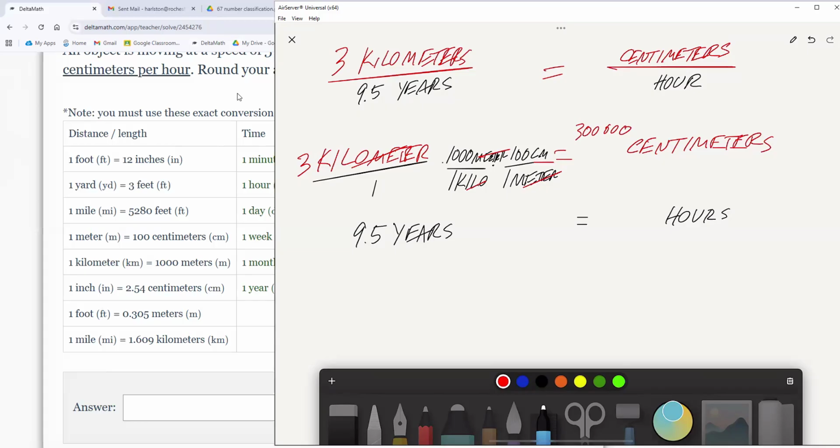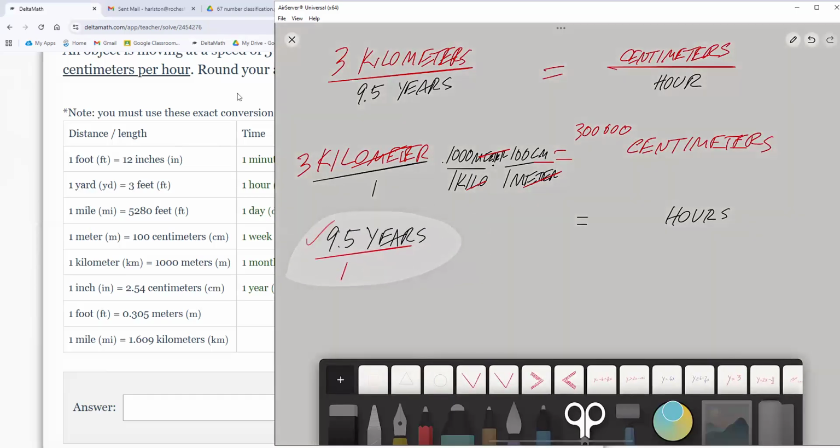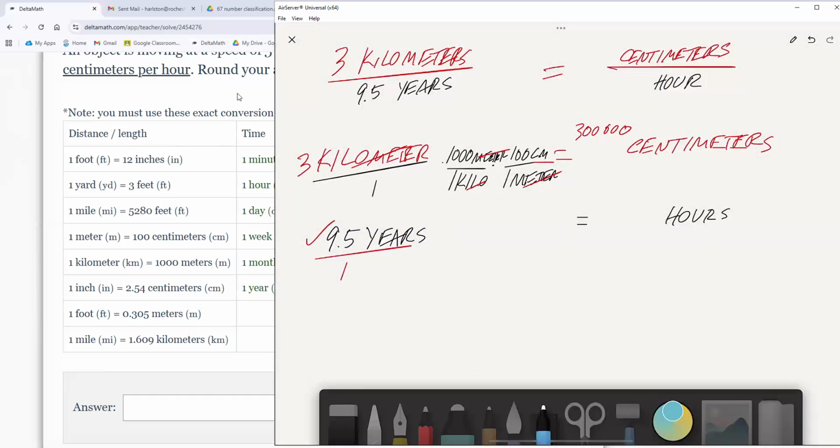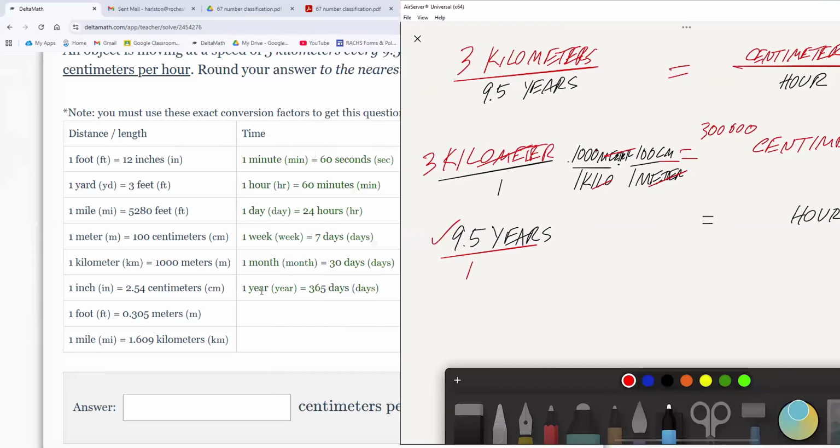Now, I'm going to do the second conversion. I'm going to go from 9.5 years to hours. I'm going to put this over 1. Let me move this over just a little bit. We might need a little bit more room. Let's look at the time conversions. It says 1 year is equal to 365 days. 1 day has 24 hours.